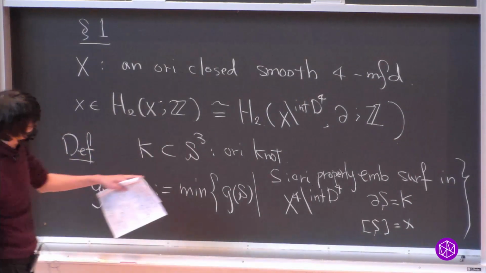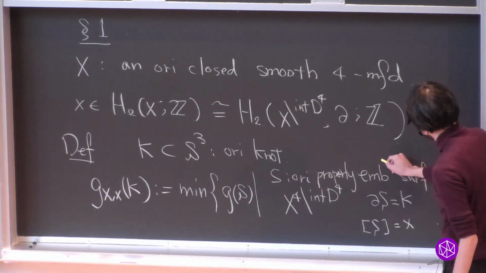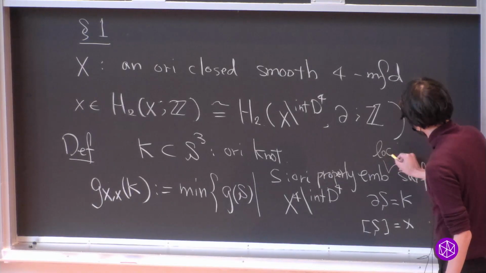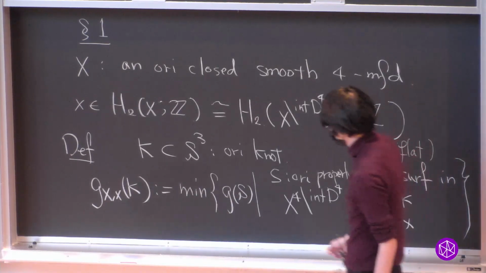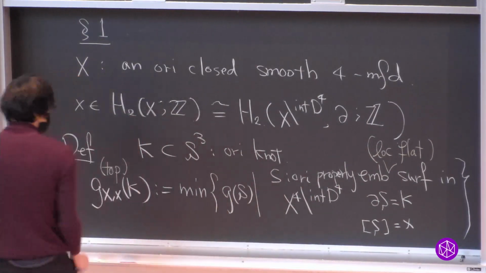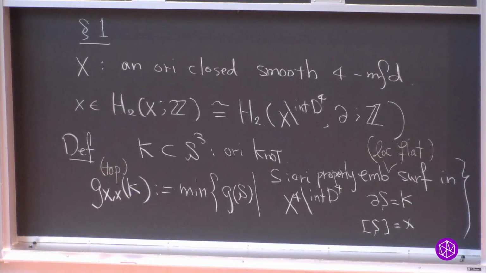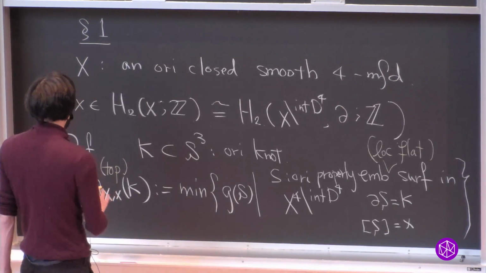I'm considering the smooth embedding, but if you consider locally flat embedding, we can also define the topological version as well. And today, we are interested in the difference between the smooth genus and the topological genus.